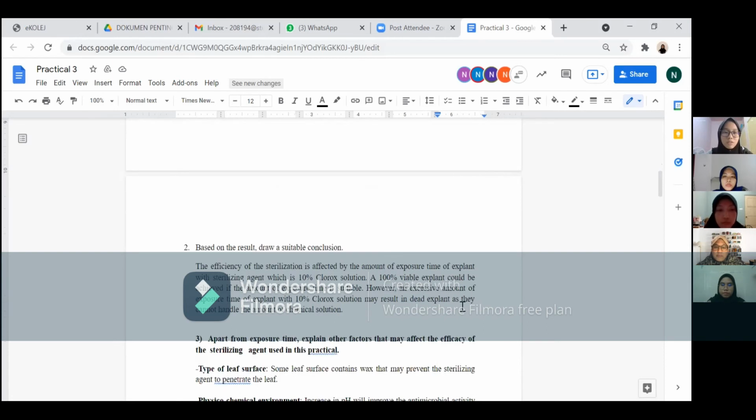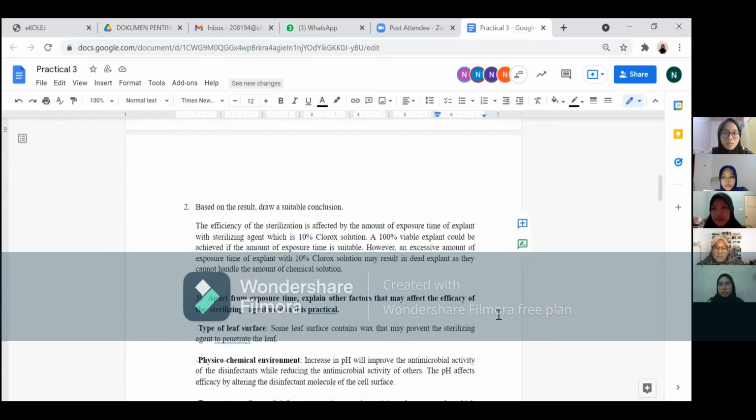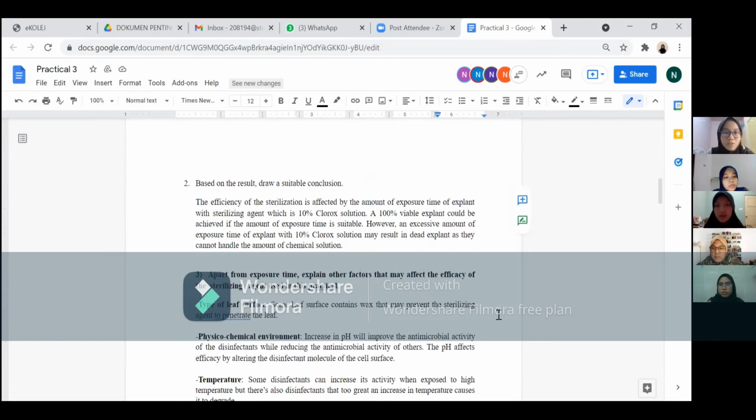So for the second question, based on the result, draw a suitable conclusion. The efficiency of sterilization is affected by the amount of exposure time of Splen with the sterilizing agent, which for our group is 10% chloride solution.